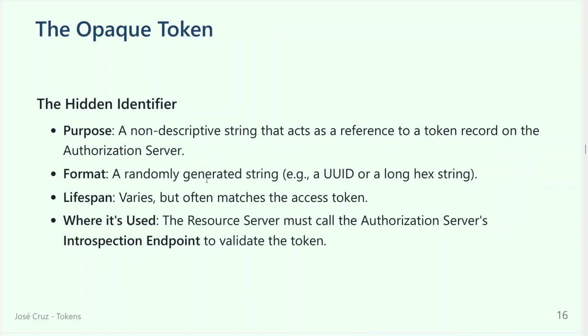And of course, the opaque token, which is also called a hidden identifier, and the purpose is a non-descriptive string, it's just an ID that acts as a reference to a token record on the authorization server. Imagine the table where you have this ID, which is the token, this opaque token, and now you have details about the person, about the access, or whatever it represents.